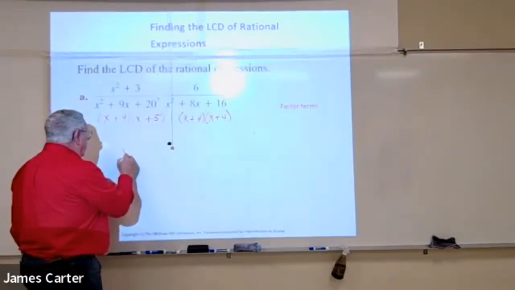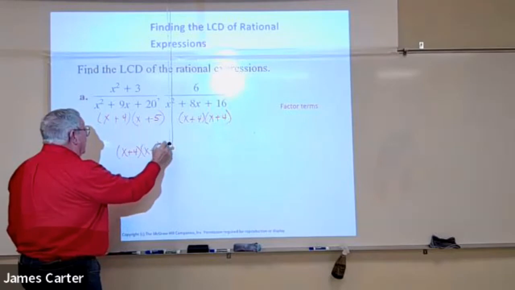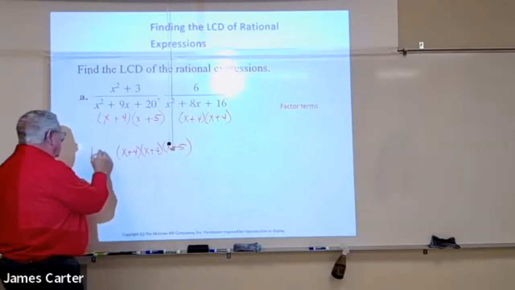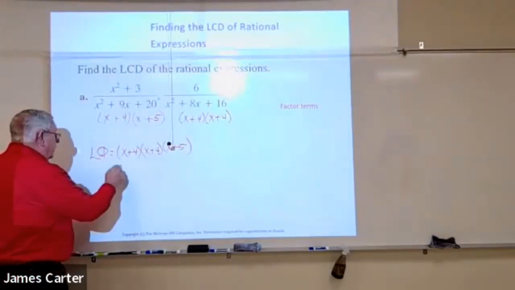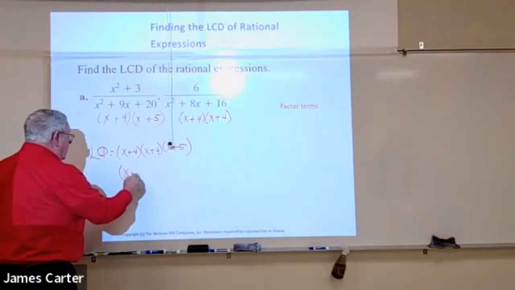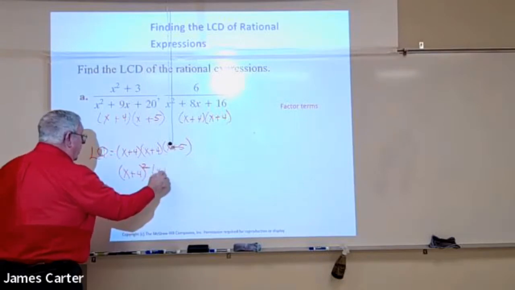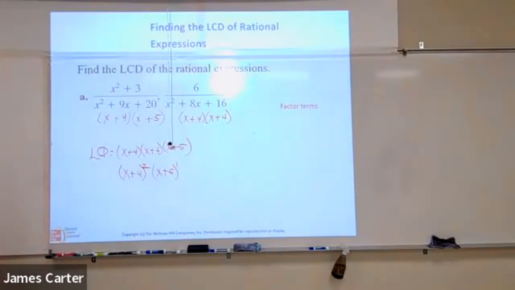It's x plus 4 times x plus 4 times x plus 5 is the LCD. Now, this could be written this way. Like that. And now you can see that it fits my highest power rule.